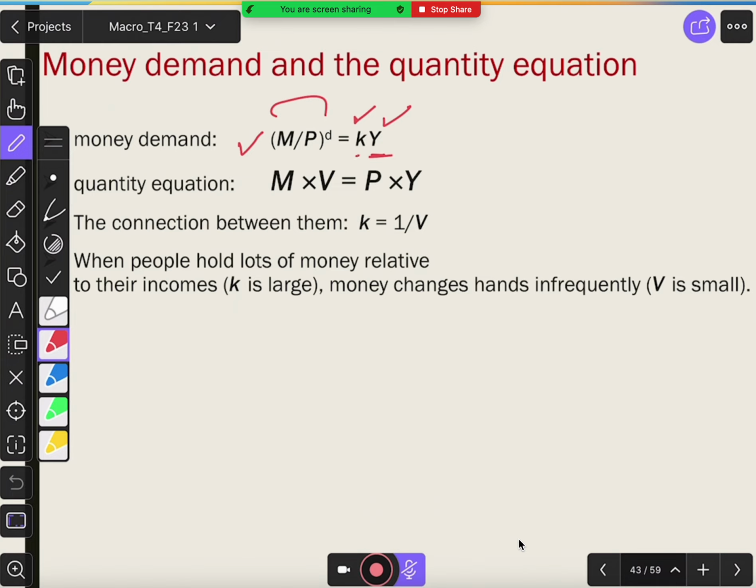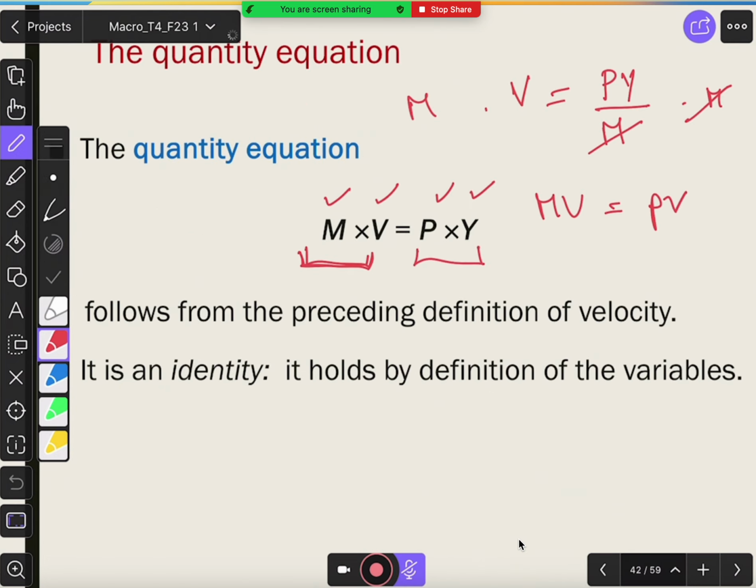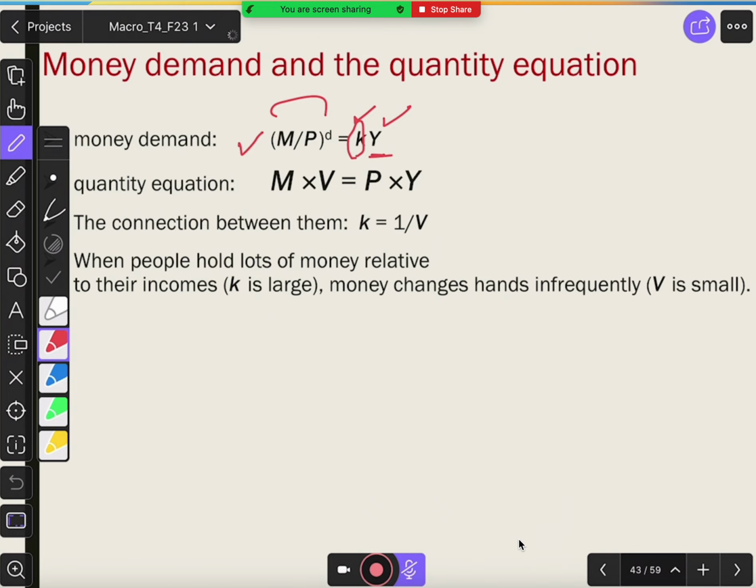And this K here is a representation of 1 over V, or the velocity of money. Again, you can just go back here and rewrite this equation into this one, right? So this is the quantity equation.